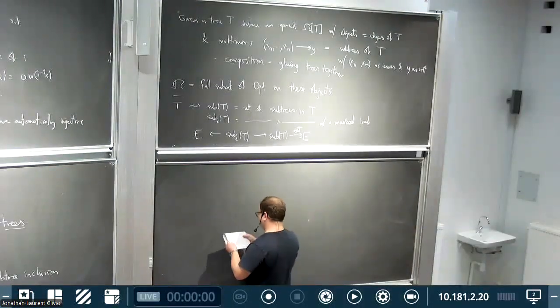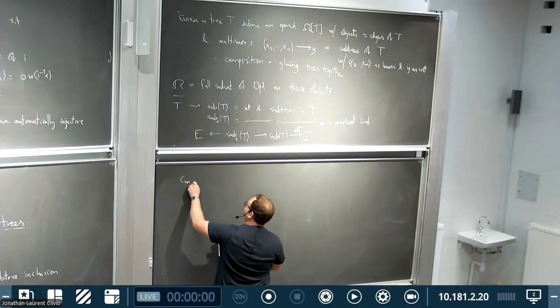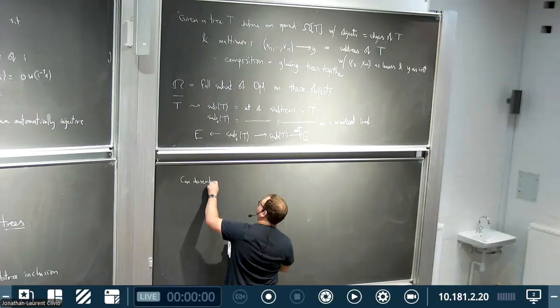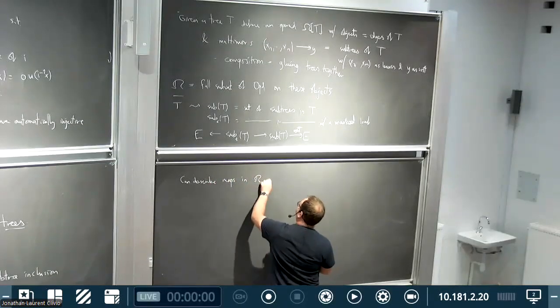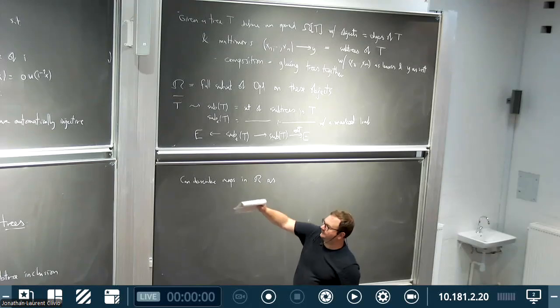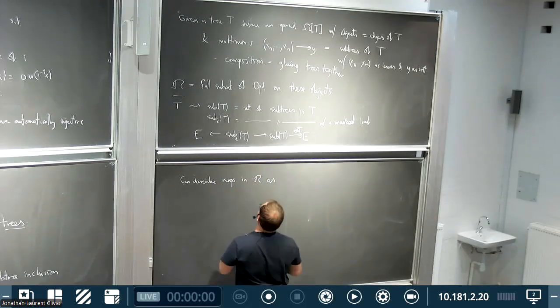One way to describe omega is the same kind of thing over here, just with these things in place of V and V prime.